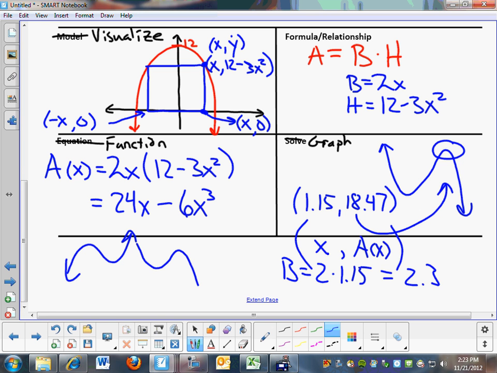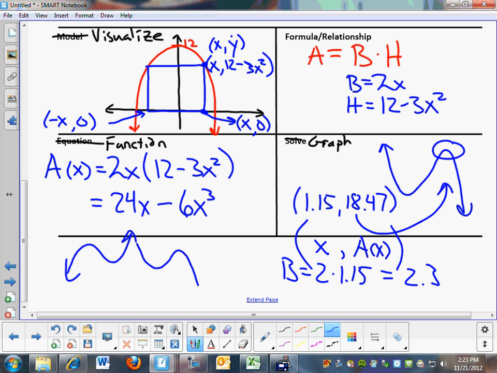That's the base. How would we figure out the height? It says the height is 12 minus 3x squared. What do I plug in for x? Do I plug in 2.3 or 1.15? I plug in 1.15. That's my x value.